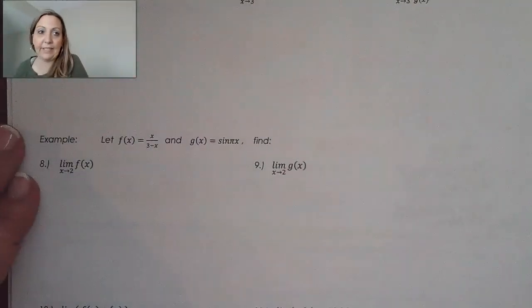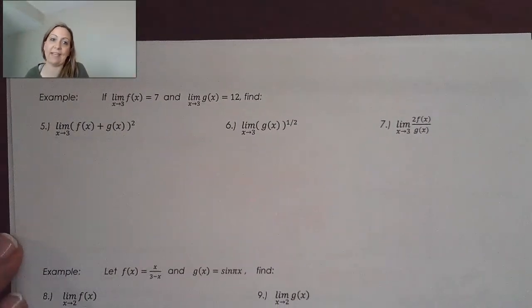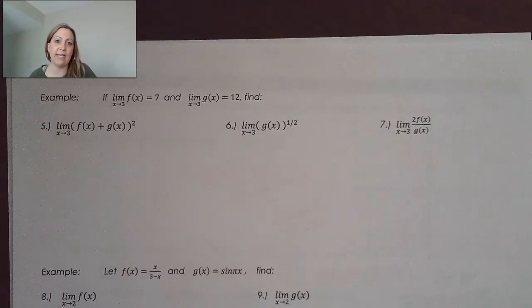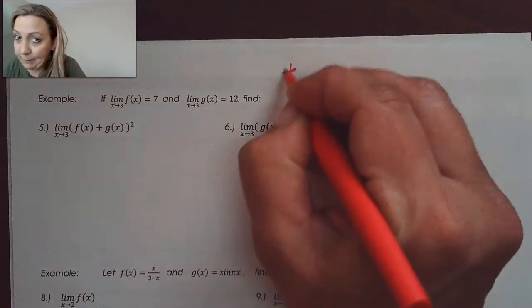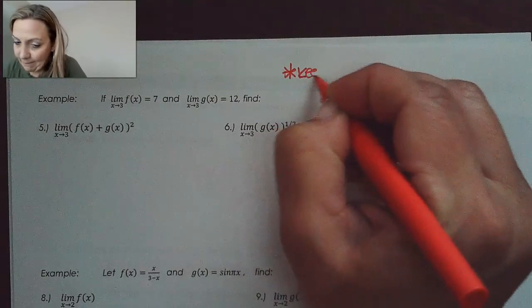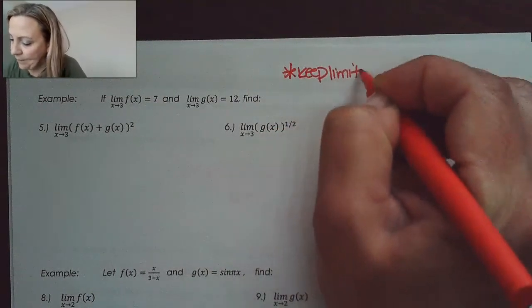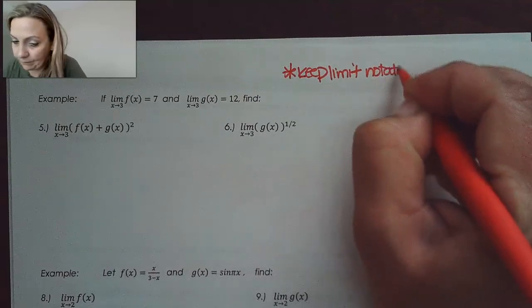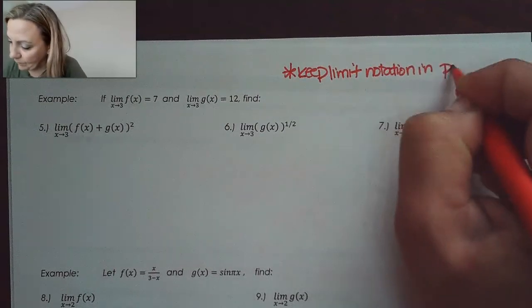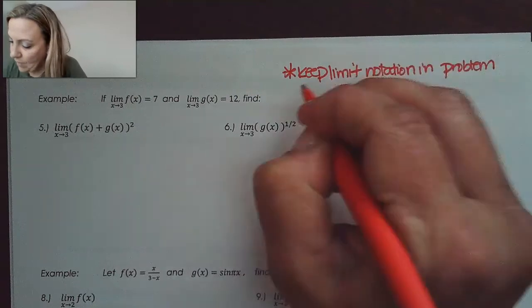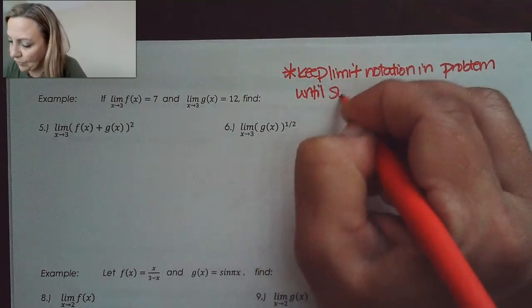This tells us that the limit of f of x as x goes to 3 is 7, and the limit of g of x as x goes to 3 is 12. And it wants us to find these different limits. One thing that I want you to keep in mind that's best practice is to keep the limit notation in the problem until the substitution occurs.